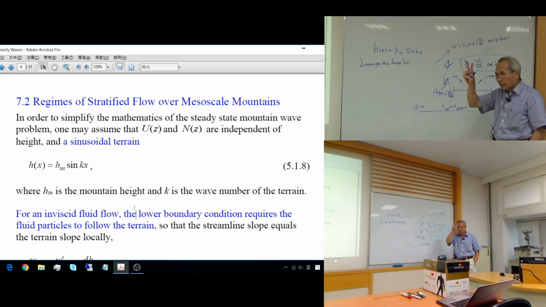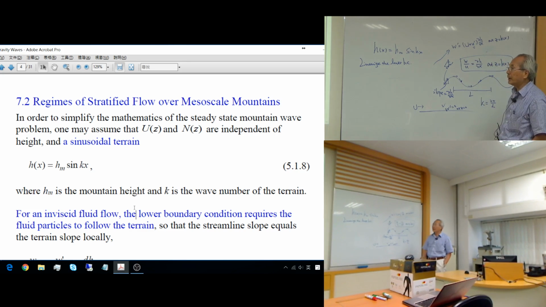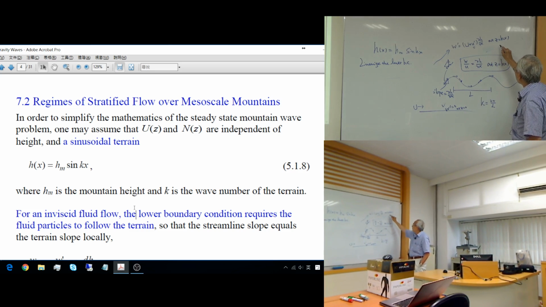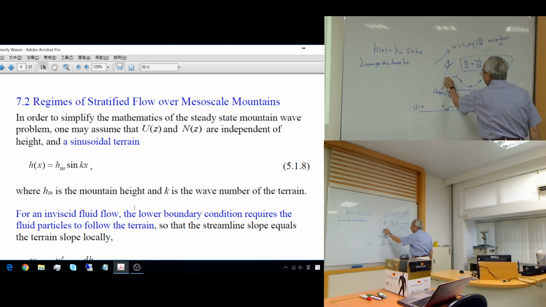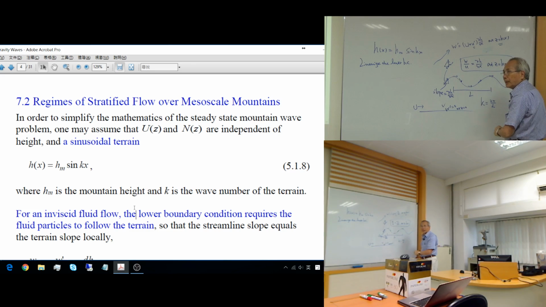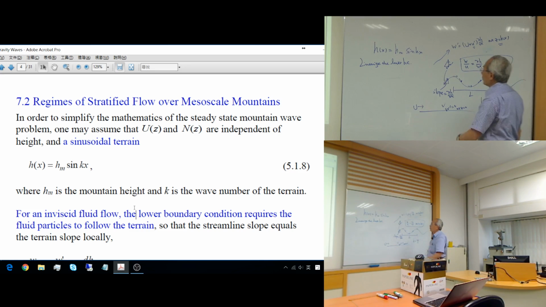We have two nonlinearities. This one is one of the nonlinearities, and the other one is this one, because you have to apply the lower boundary condition at that location. So we try to simplify, to linearize, the lower boundary condition.